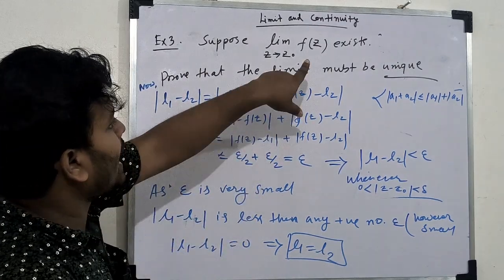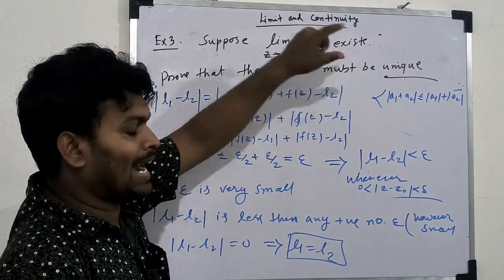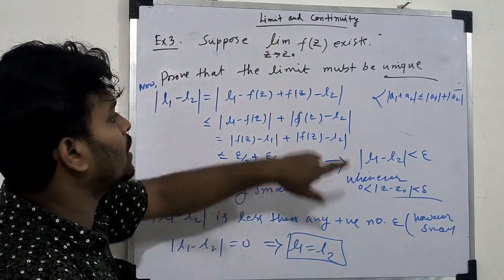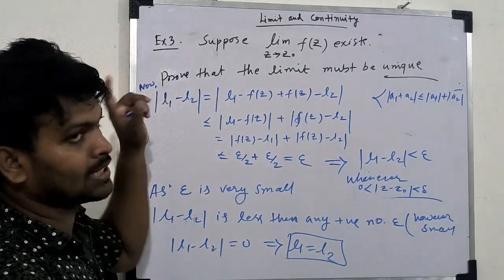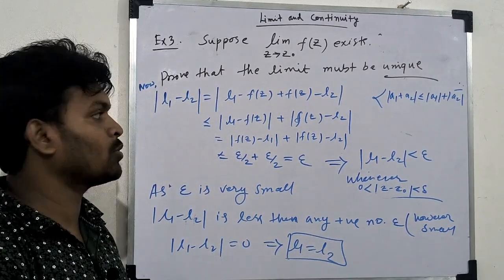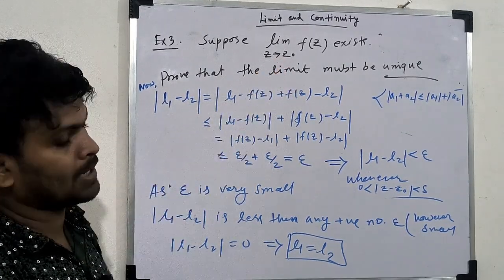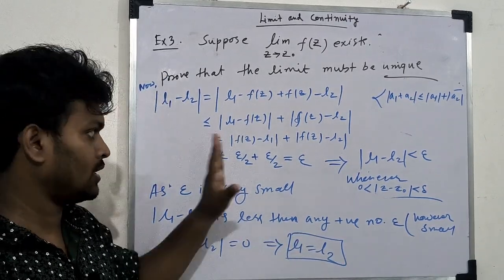We assumed that one limit exists and equals L1 and took another limit equal to L2. Using the epsilon delta definition, we proved that L1 equals L2. So this proves the uniqueness of the limit: if the limit of a function exists, it must be unique. This is the theorem.